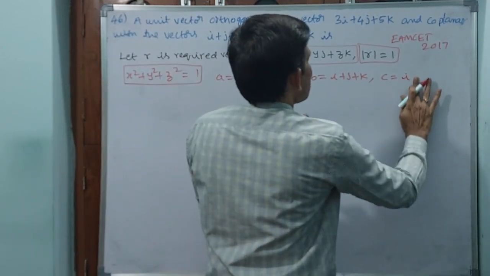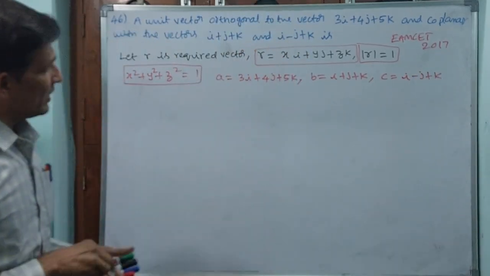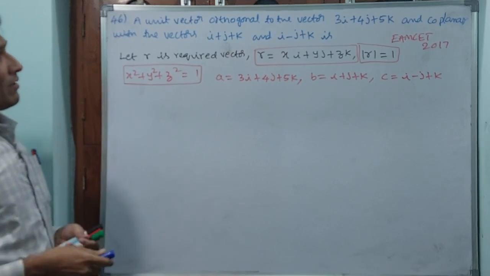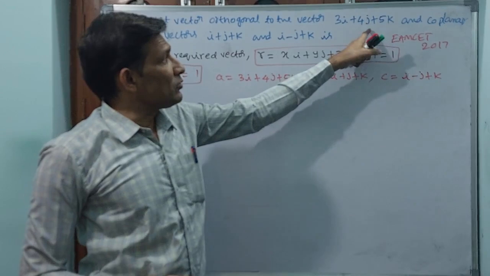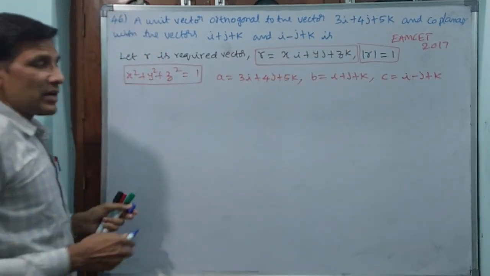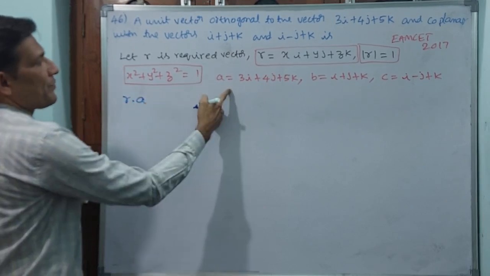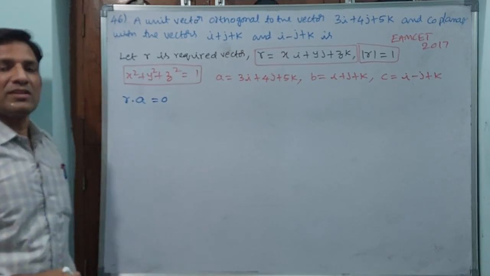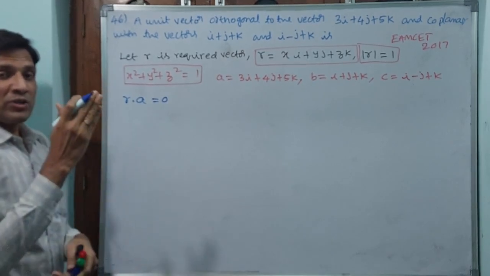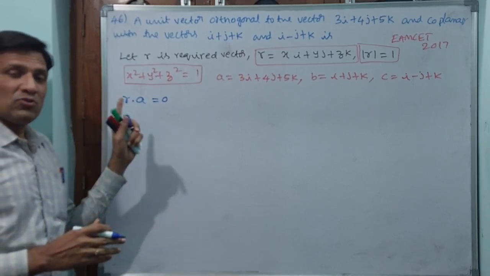Now this vector is orthogonal to A, that means 90 degrees. R dot A is equal to 0, dot product is 0, because orthogonal means 90 degrees and cos 90 is 0.